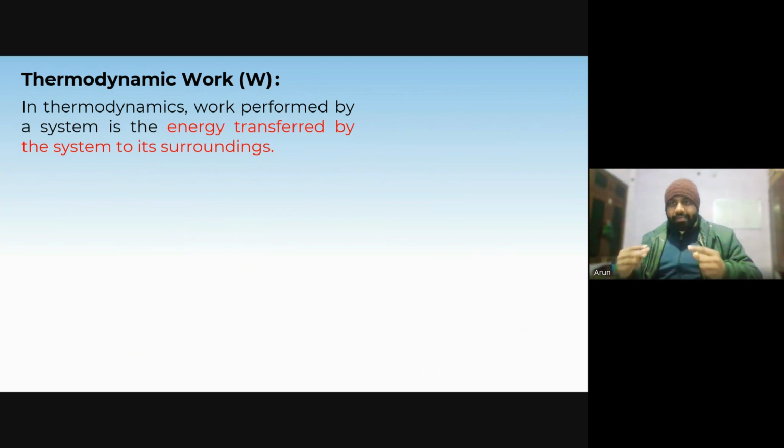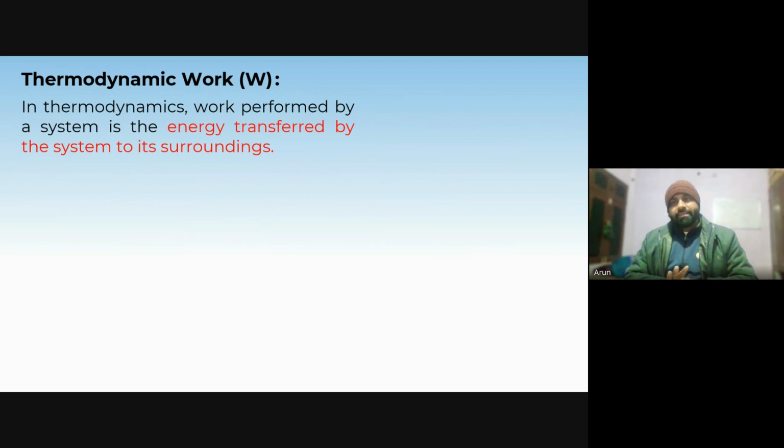And if you divide that work by time, that is the power. And that power came from the energy. Energy is nothing but the capacity of doing work. So the more energy you transfer, the more work will be done. Got it? So it is very simple.